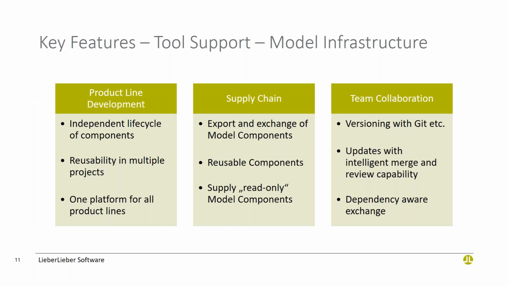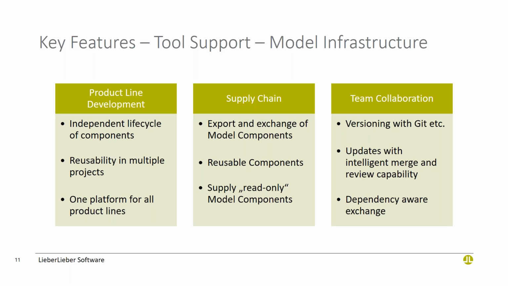And also the capabilities that we build to do this product line development with Enterprise Architect can be used for various other scenarios. You can also send, for example, a part of a model to a supplier. They can add their stuff and send it back, and you can reintegrate it. This would be the supply chain. Or you can use the same capabilities also for advanced team collaboration.